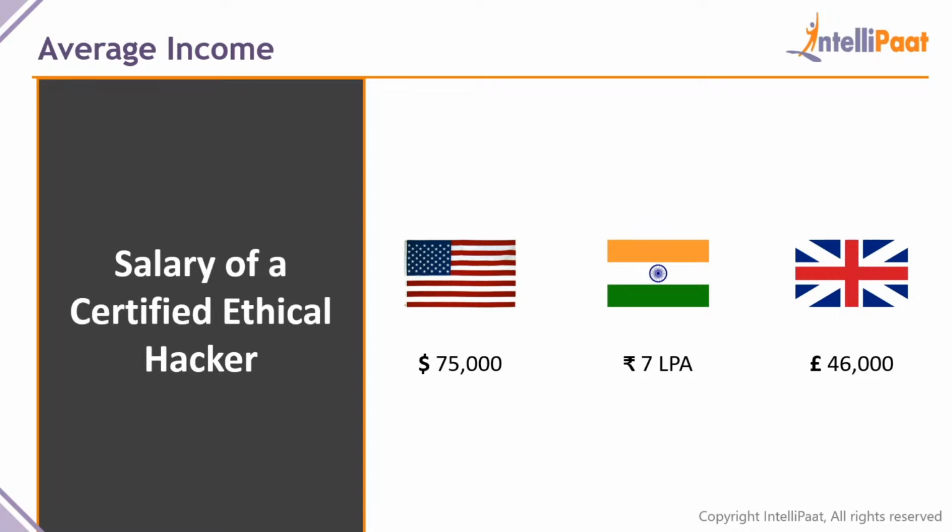If you get the certification, the average salary of a certified ethical hacker would be around $75,000 in the US, 7 lakhs per annum in India, 46,000 pounds in the UK. Now keep in mind this is not the starting or the end salary of any cybersecurity expert. Obviously, you can gain more certifications, and the more certifications and experience you gain in this domain, the higher you will fetch, because security is a very important aspect in today's world, right?